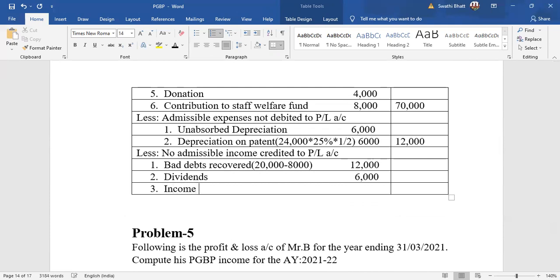So it is not admissible. That's why we are deducting it here. So rent from house property, and the amount, as you can see, is 18,000.